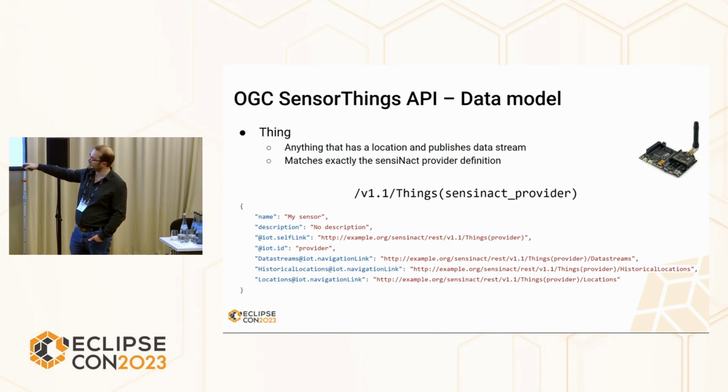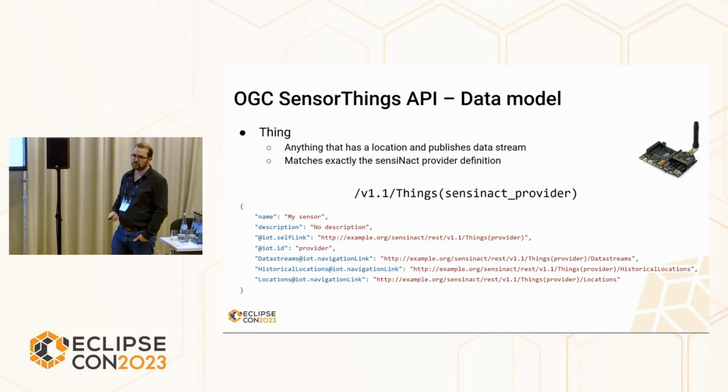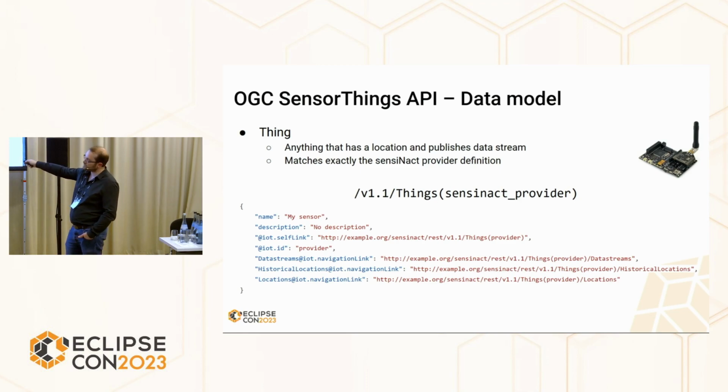A self-link that is supposed to be a link to the current REST URL. And then you have navigation links to the linked data. So for example, here I have a thing. I know it has data streams. That's how I will access them. Historical locations and locations. We will go deeper into those right after. So that's what it looks like. And here, getting a thing will just give you a name, description, and links.